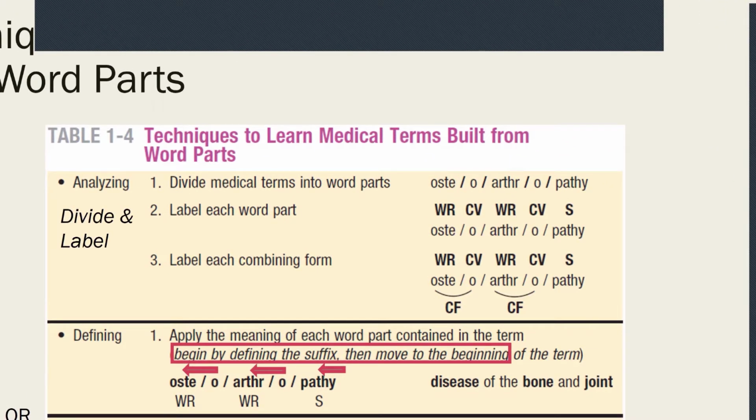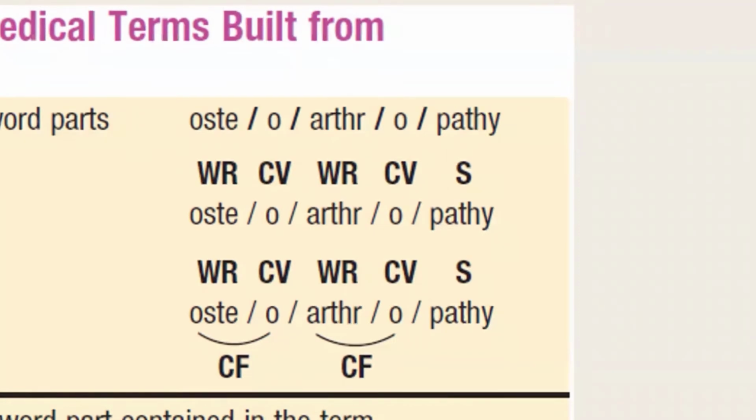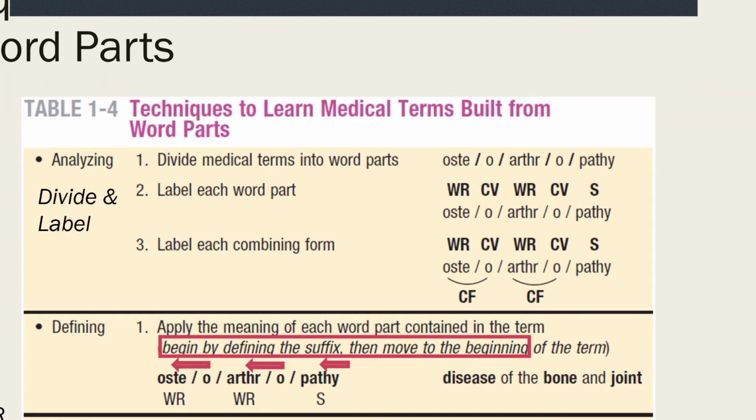And then using these abbreviations that are listed on the screen there, WR for word root, you want to identify what your word roots are in this word. And then do you have a suffix or do you have a prefix? If so, label it S or P. In this particular example, we do not have a prefix. We do have a suffix, however.